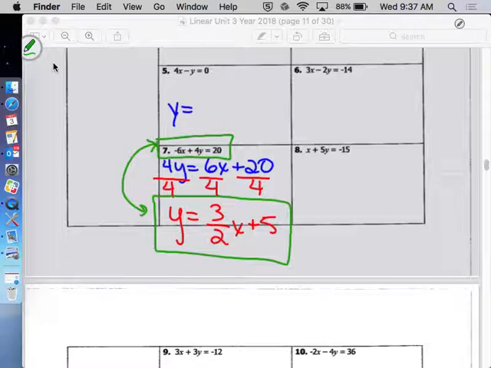I want to look at what's happening. So if I have ax plus by equaling c in its standard form formula, and I try to isolate the y, my first step would be to subtract ax.